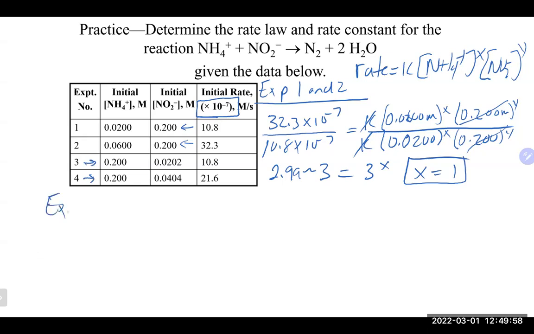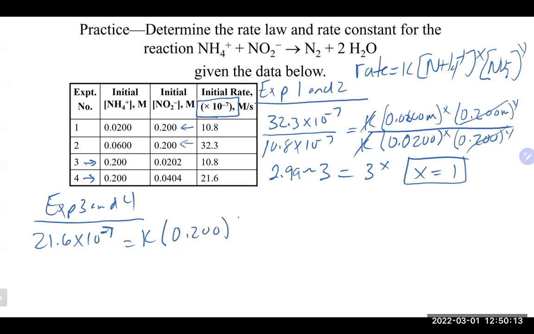So experiments 3 and 4. Here we will go with 21.6 times 10 to the minus 7 up on top equals our k, and we'll try to look at the right number there, 0.2, I think, and 0.04 to the y.